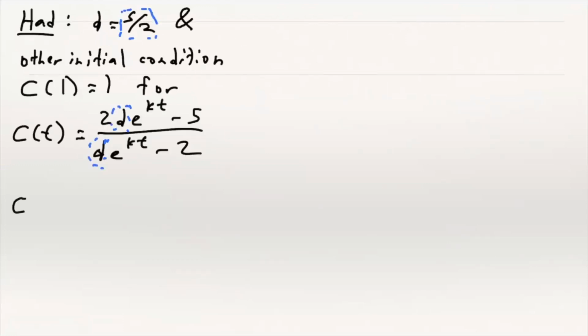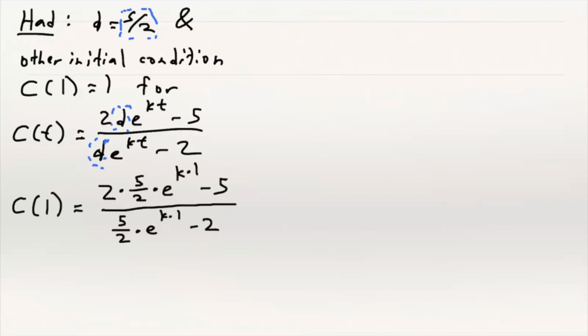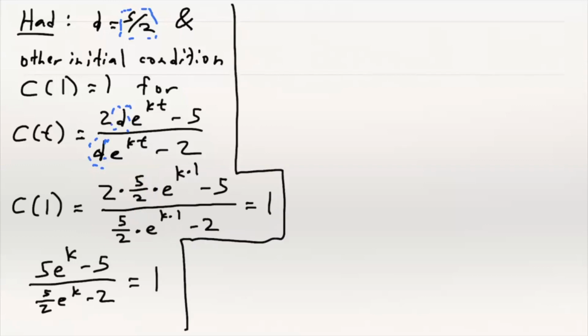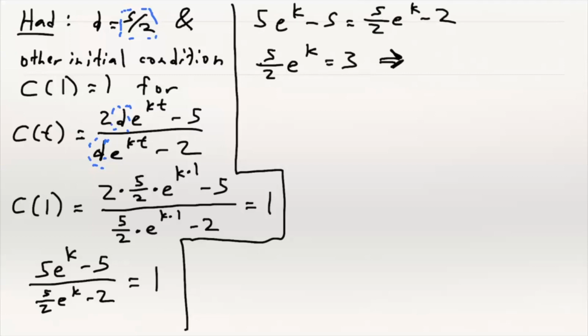Okay, so we got d, and we know that c of 1 is 1. So plugging in 1 and substituting our d as 5/2, we know that the output must be 1. So solving for k in our usual way, k is the natural log of 6/5.